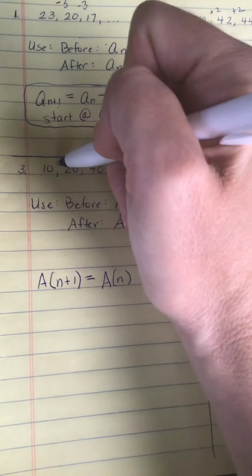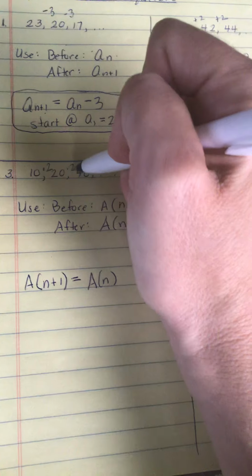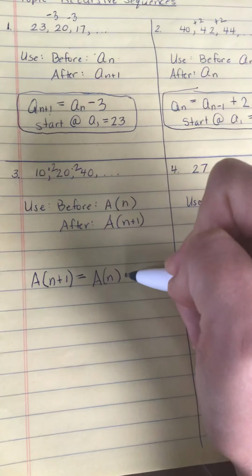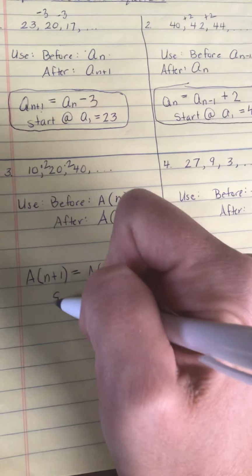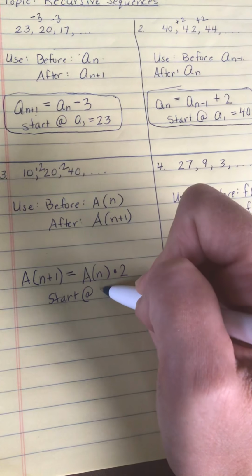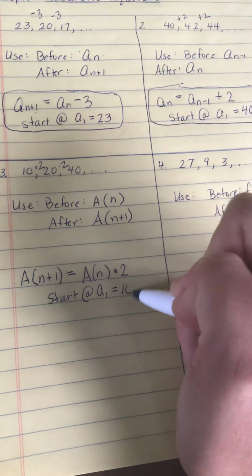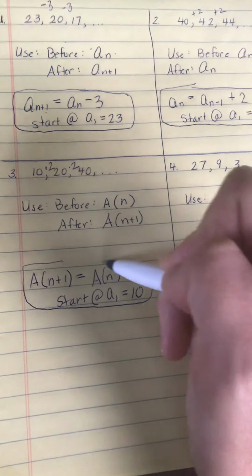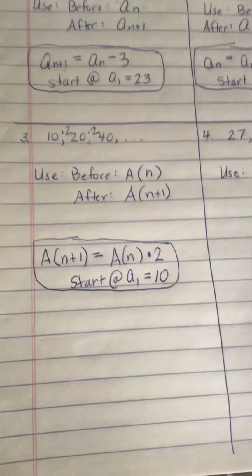And what are you doing to it? You're multiplying by 2 each time. So you would put times 2, start at a sub 1 equals 10. And that would be your answer to that.